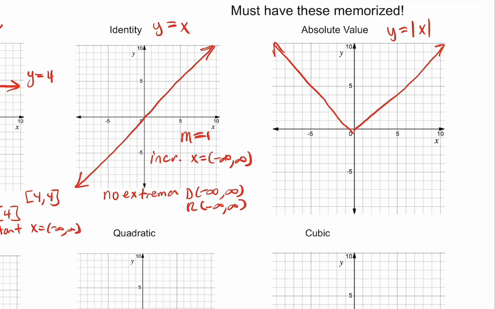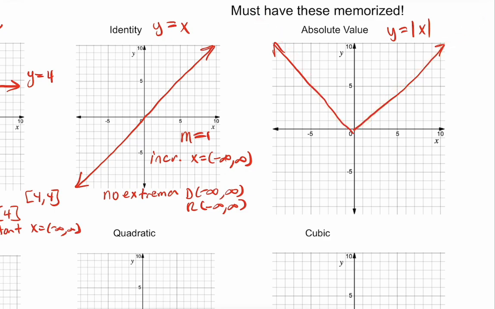The parent absolute value function is going to be smack dab in the center. If the slope changes, like if it was the absolute value of 2x, it could be a little steeper than the original. But the original, please note, it goes through 0, 0, 1, 1, 2, 2, 3, 3, and so on. It goes right down the middle for both of those.